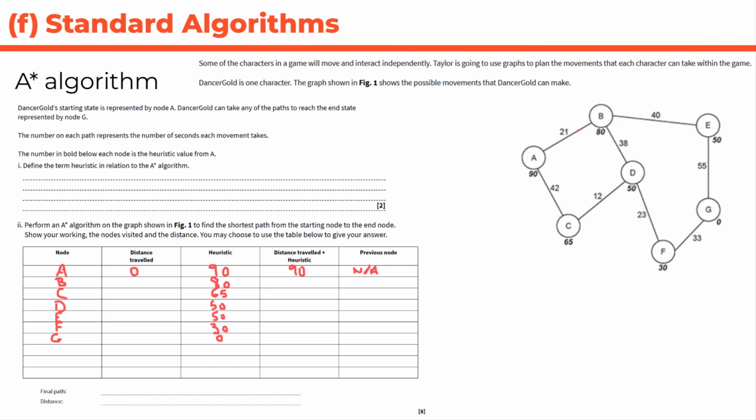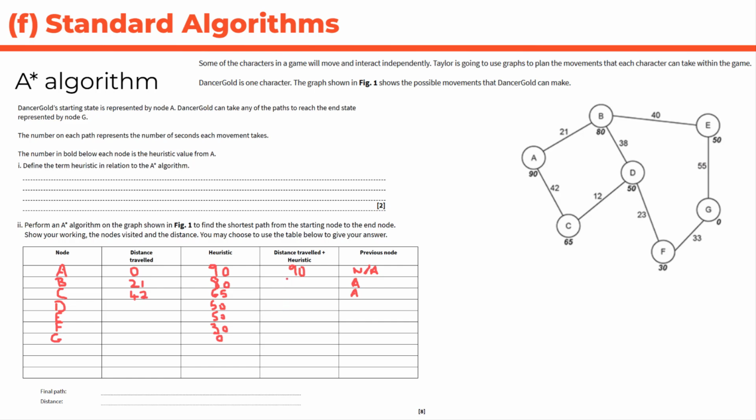So A can get to B for a cost of 21. And it can get to C for a cost of 42. We're both going via the A node, and then we add up what the heuristic will be.